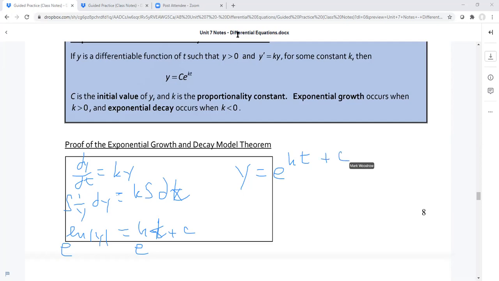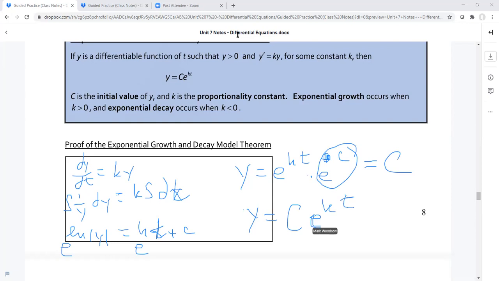And just like I showed in other videos, I can make this e to the kt times e to the c power. Then this e to the c power, like in other videos, is a brand new c, which we're going to stick in front of the e. So this becomes the exponential growth and decay.